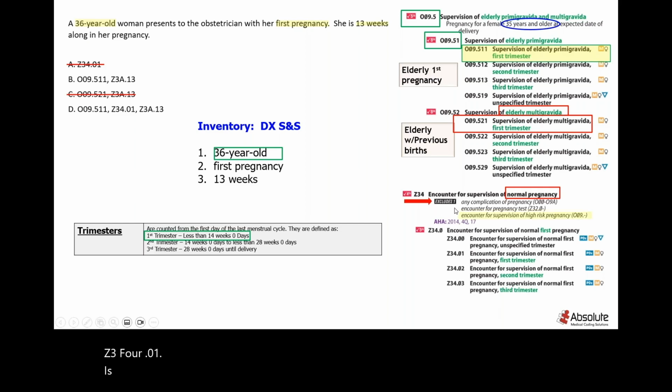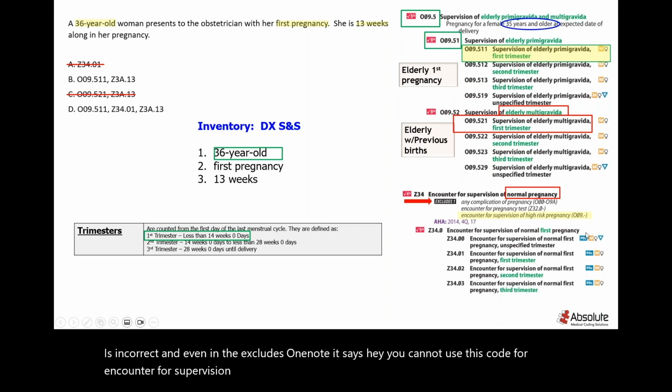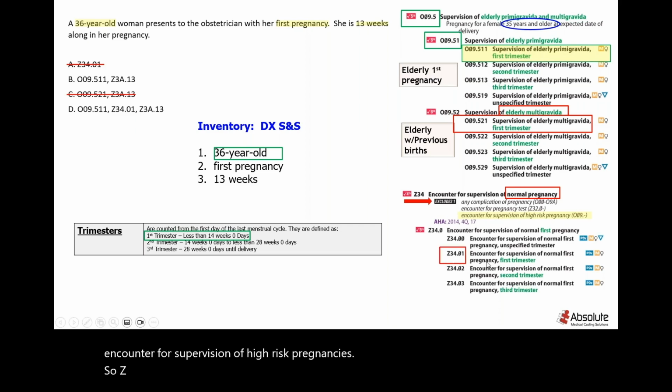And even in the Excludes1 notes, it says, hey, you cannot use this code for encounter for supervision of high-risk pregnancies. So Z34.01, encounter for supervision of normal first pregnancy, is incorrect. So D is coding for it, and it's got to go. And your answer is B.